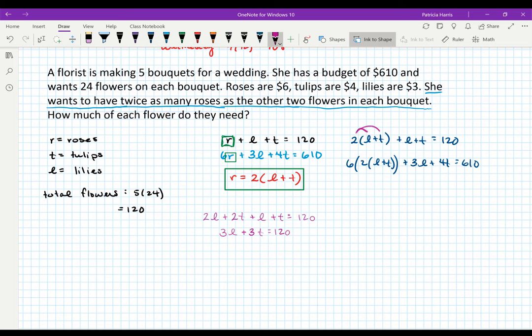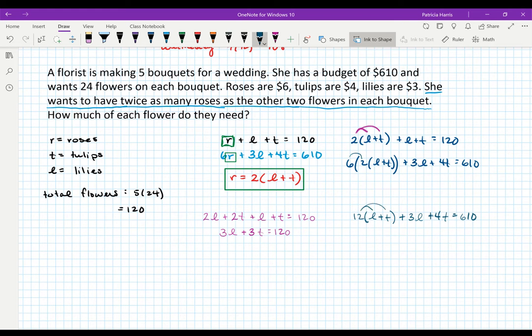If I look at this one, let's do 6 times 2 first, so we get 12, lilies plus tulips, 3 times the lilies, 4 times the tulips, because we're talking cost, 610.